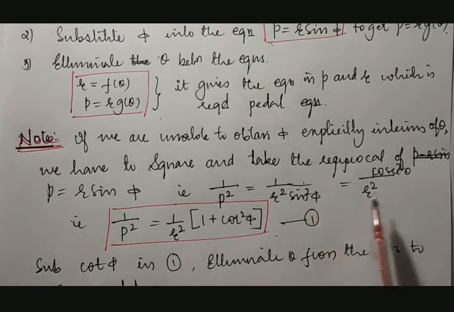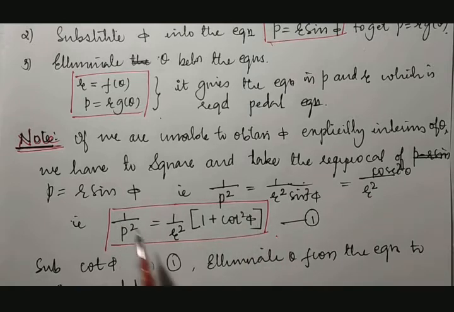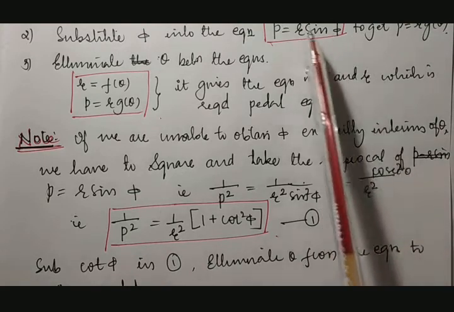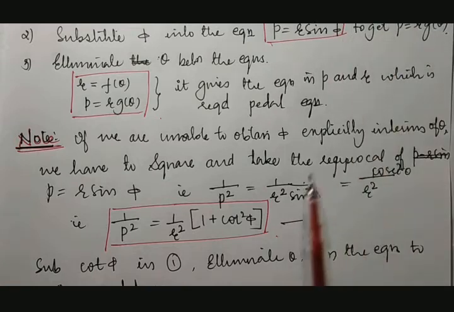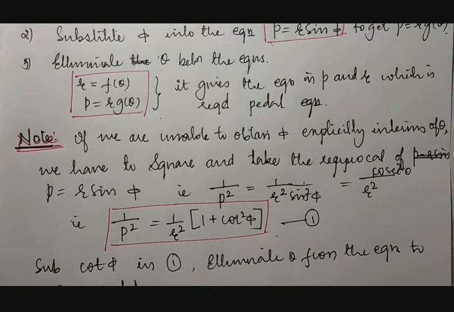But 1 by sine square is nothing but a cosec square. Cosec square is nothing but 1 plus cot square. This already we have taken in the expression. Okay, means if you obtain psi, this will be the expression to obtain pedal equation. If you won't get psi, then this will be the additional expression to obtain pedal equation.